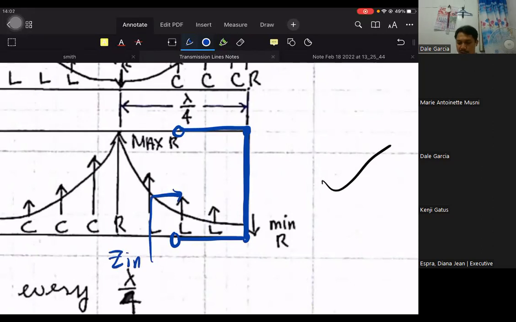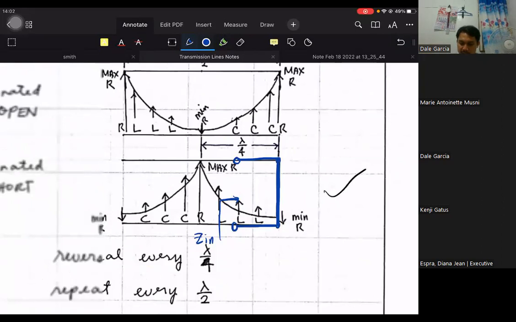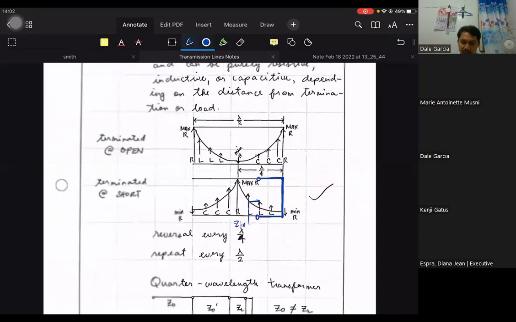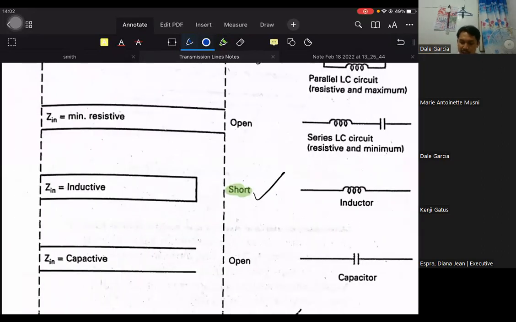The shorter the transmission line, the smaller the inductance. So if the transmission line is less than 1/4 wavelength and terminated at short, it is inductive.